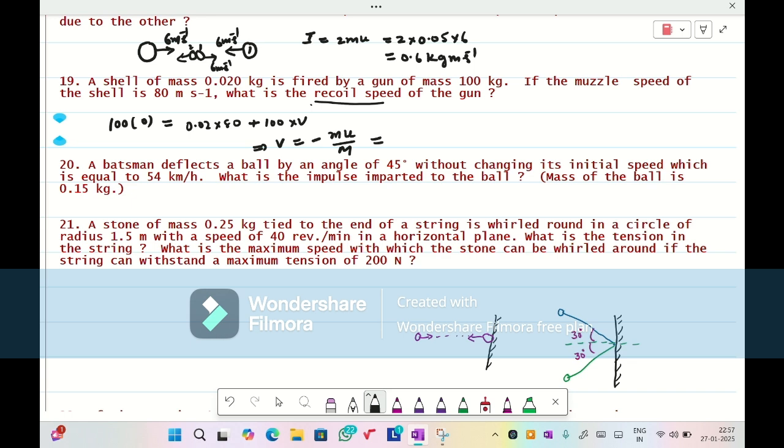So that is 80 into 2, 160, so 1.6 by 100, which equals 0.0016 meters per second. If you observe clearly, the less mass is moving with more velocity, 80 meters per second, and the more mass is moving with less velocity. This is conservation of momentum.